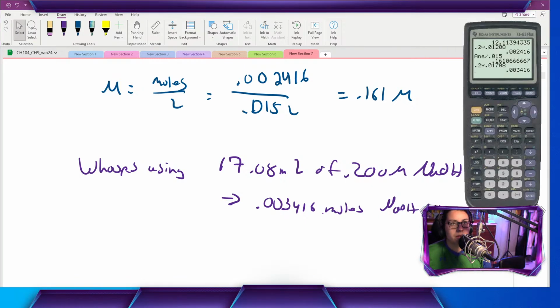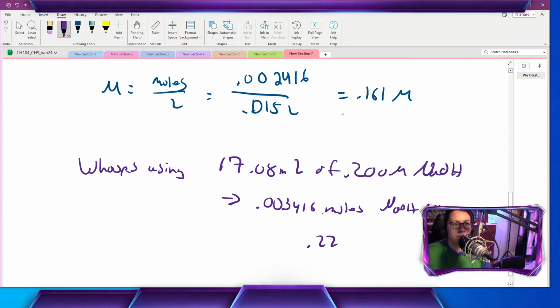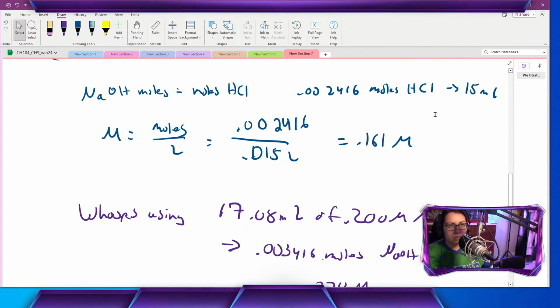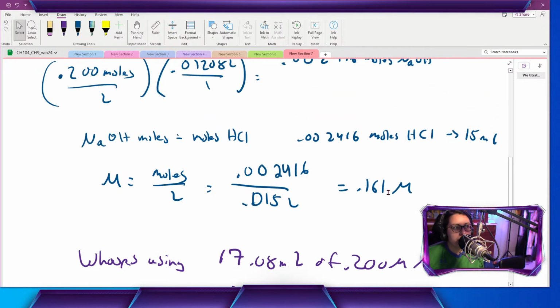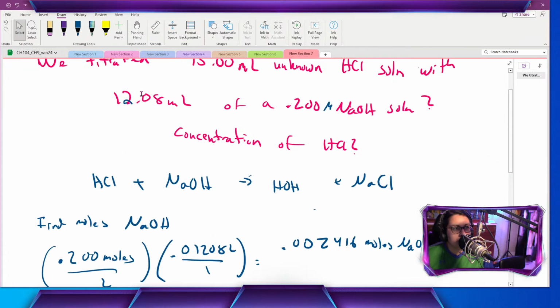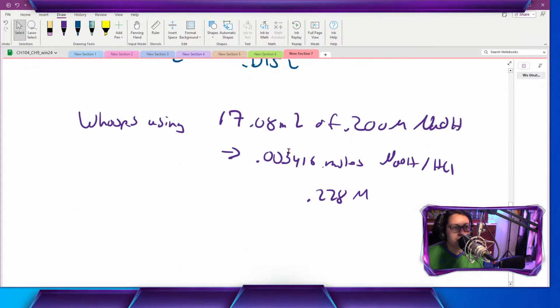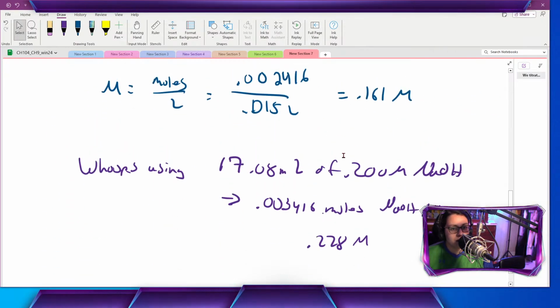Now if I divide this number by 0.015, because we had to convert 15 milliliters to liters, I get about 0.228 molarity for our concentration. So again, depending on what value you used, I typoed later. I used 12 down here and then redid it with 17. I apologize for the confusion.